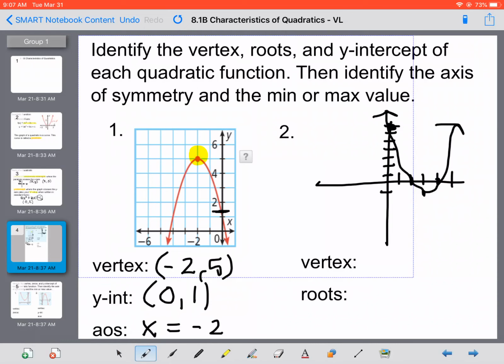Okay, so that's not a very great graph, but we're just going to go with it. Okay, so our vertex is this point right here, which is the ordered pair 3, negative 1.